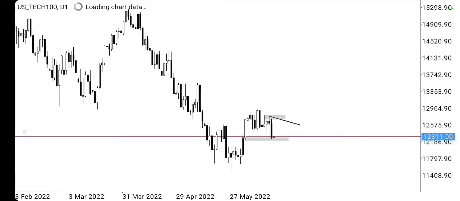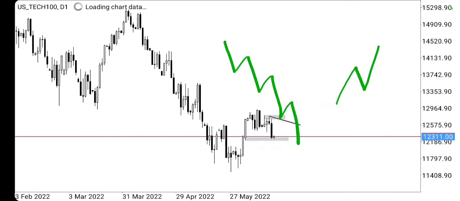Every time your setup gets taken out, every time you have a setup like this or like this, and then you get a breakout of the trend line, right? Every time something like this happens, and then you come and say, okay, let's use a different one.